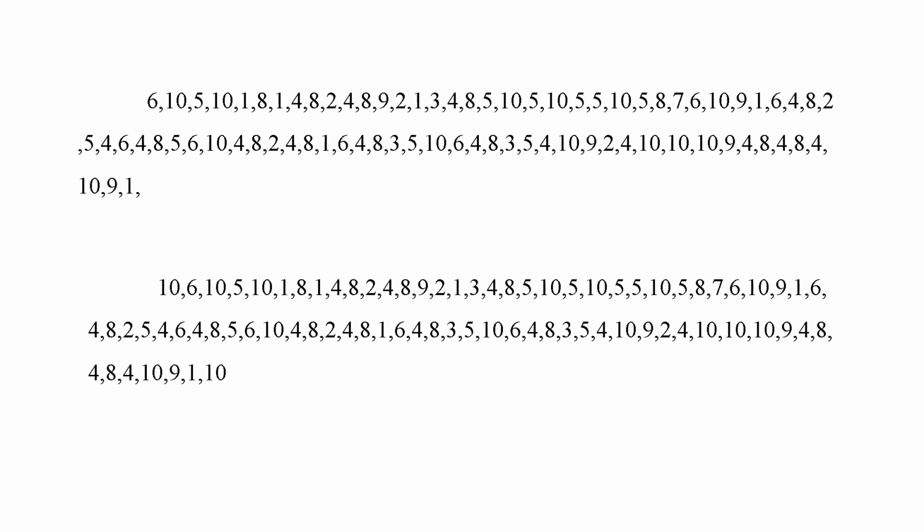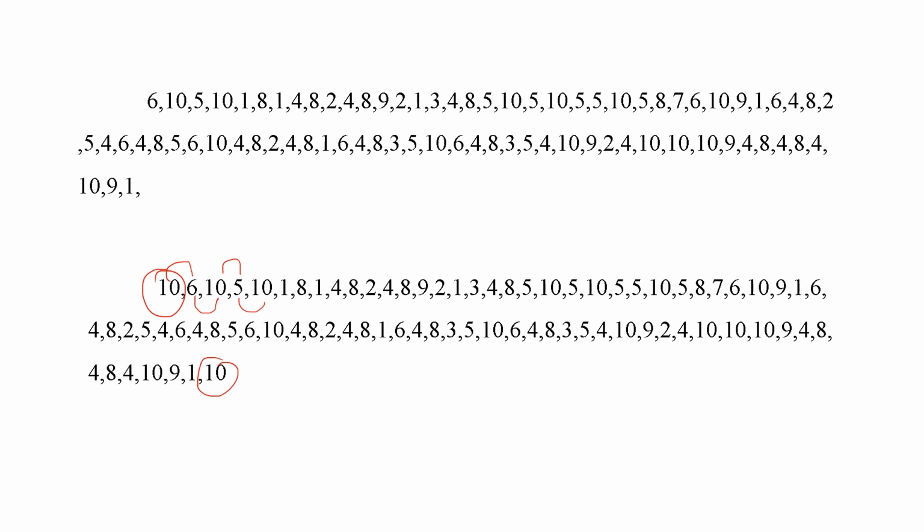Now we have to pair these. The first pair is 10, 6. 6, 10 is the second pair. Then 10, 5 is the third pair. 5, 10 is the fourth pair. Likewise it goes. We take the pairs and then enter them in the 10 by 10 matrix.